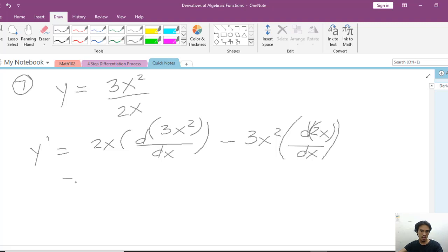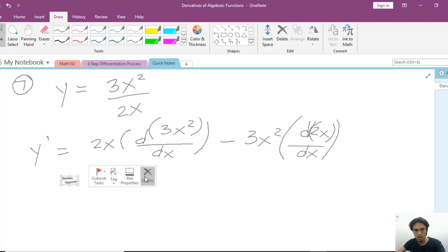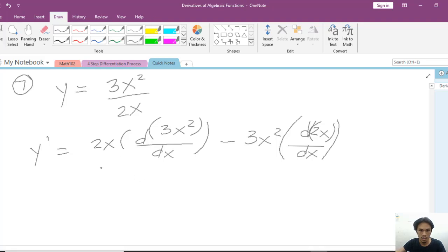This would be equal to 2x, oh, I forgot something. Should not forget the denominator for the derivative.